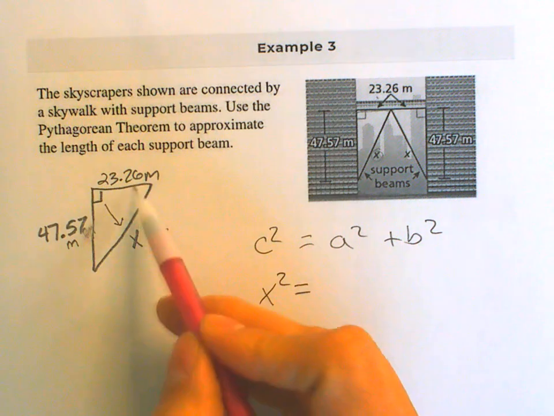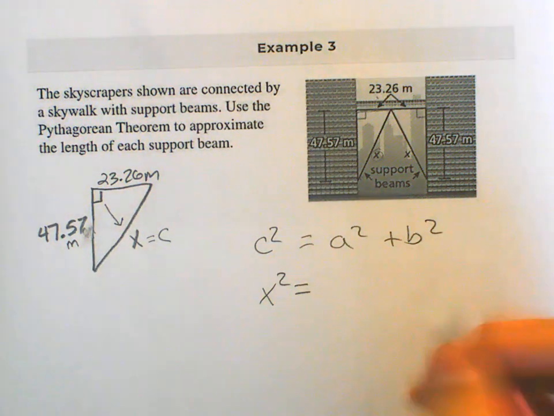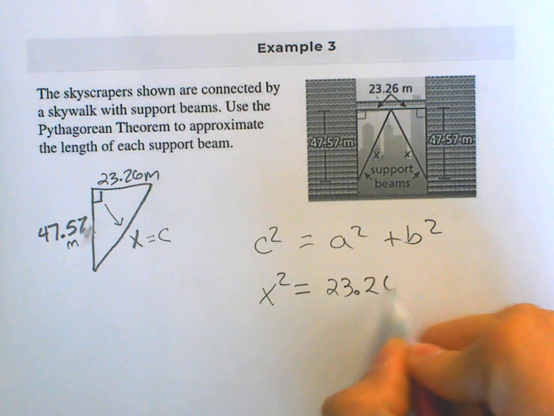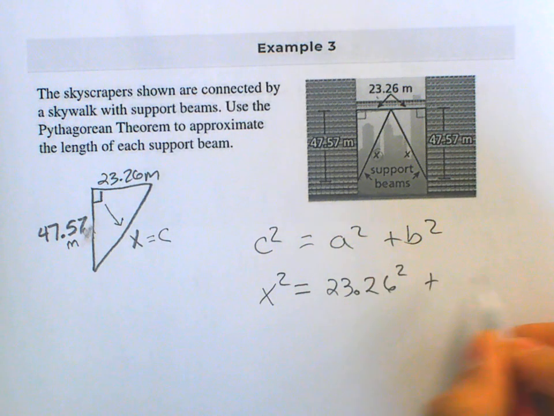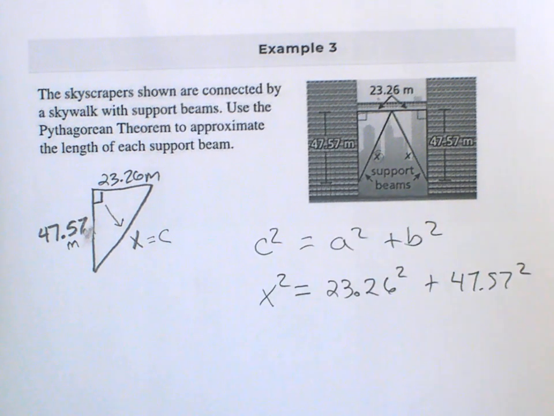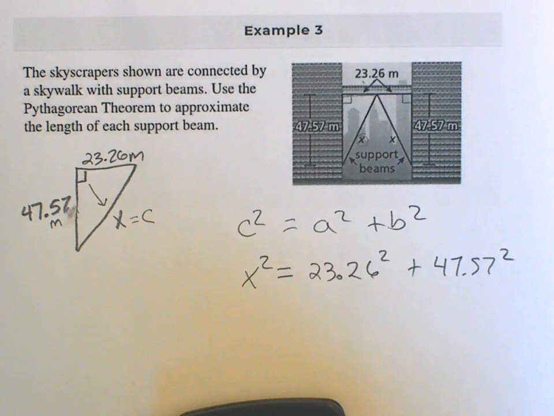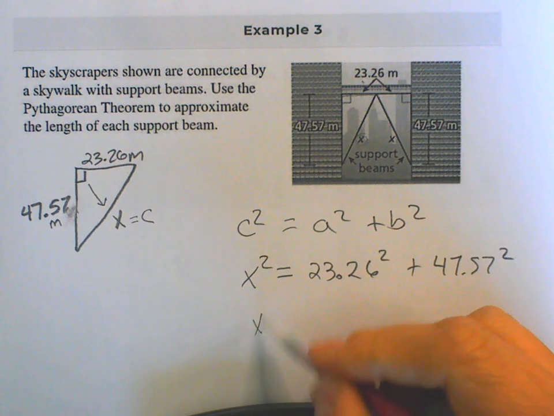It doesn't matter which one is A and which is B, so I'm going to make my A 23.26 quantity squared and my B 47.57 quantity squared. Now, you definitely have to use a calculator for all of this math. Don't try doing this all by hand or you're going to go crazy.